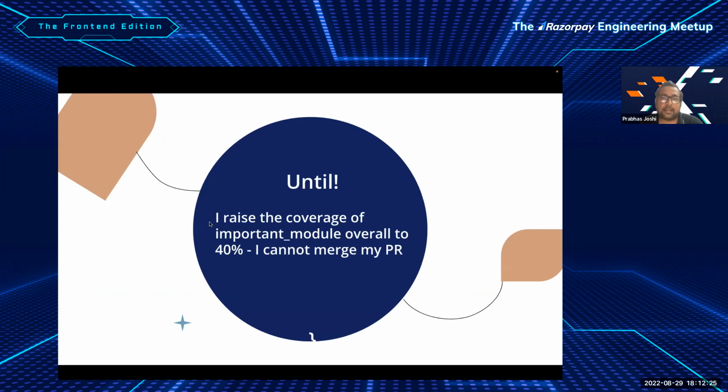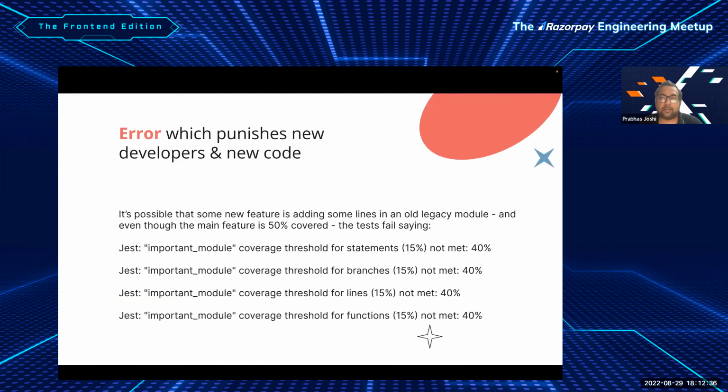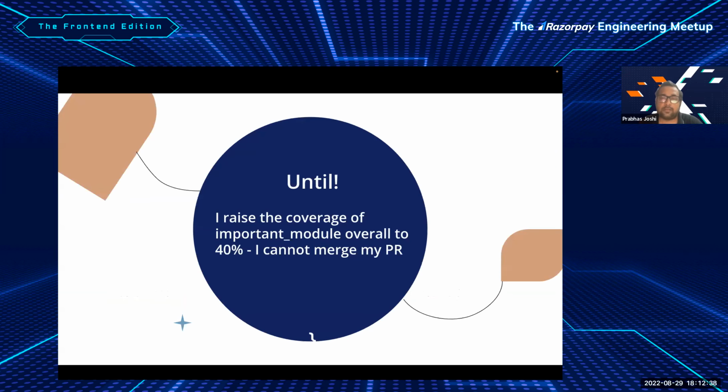So until I raise the coverage of important module to 40%, until I meet this 40% coverage of the existing module, I'll not be able to proceed to merge my PR because the testing job will fail, right? So I'm primarily stuck in merging my PR of my new feature until I cover the legacy module. Now, this is not necessarily a bad thing.